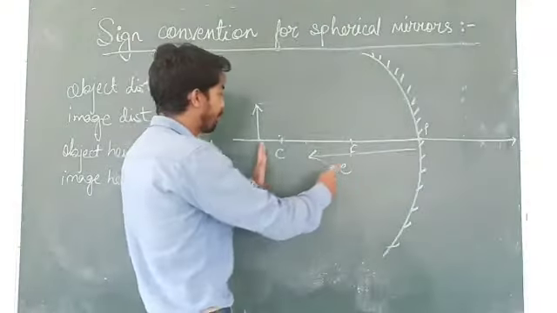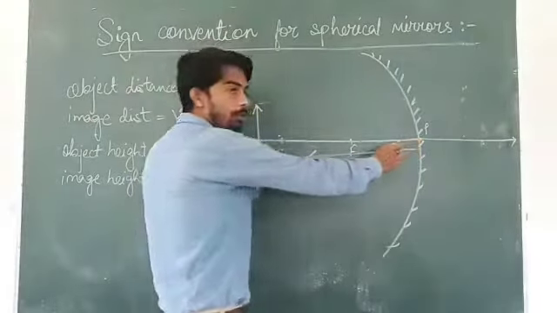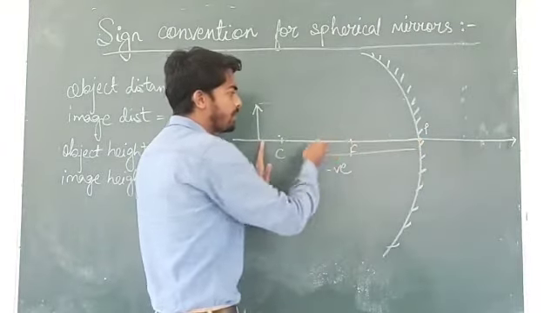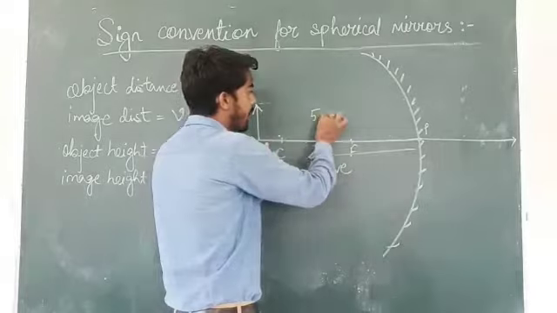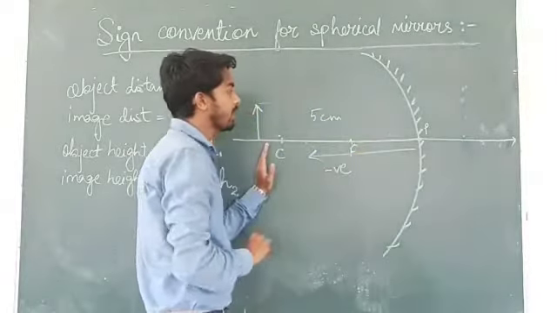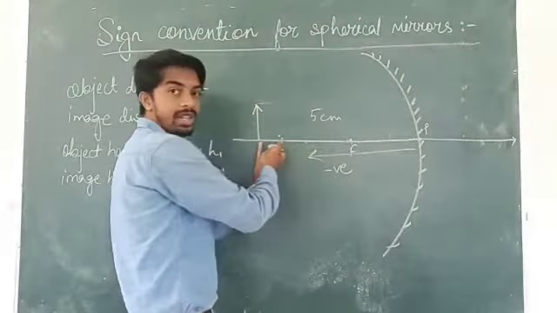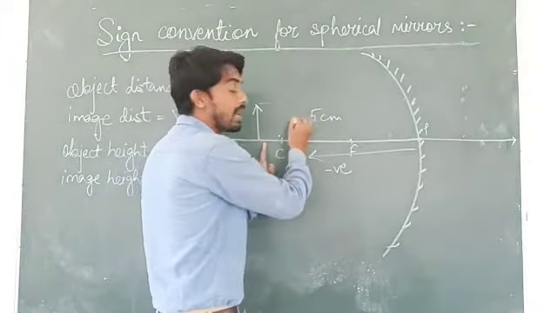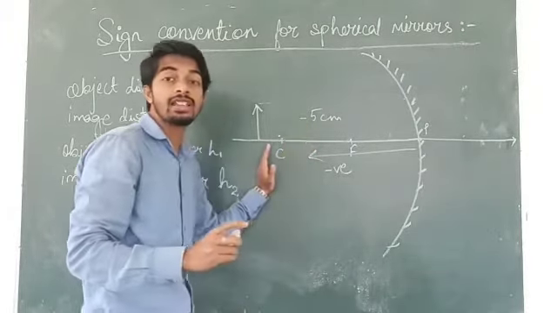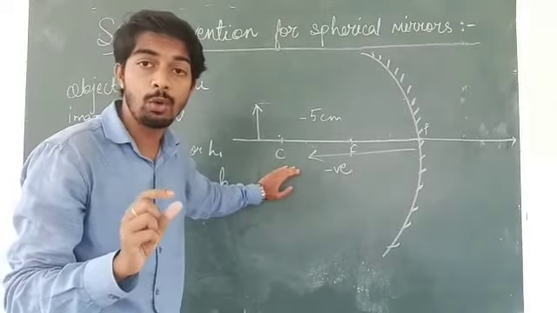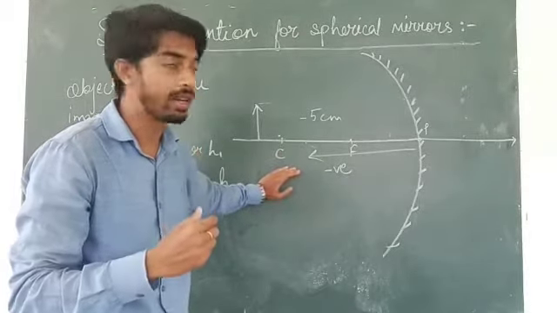For example, if the distance between the pole and the object comes as 5 centimeter, then if I am measuring the object distance, it will be minus 5 centimeter. Minus does not show that the number is small in quantity or lesser in quantity.